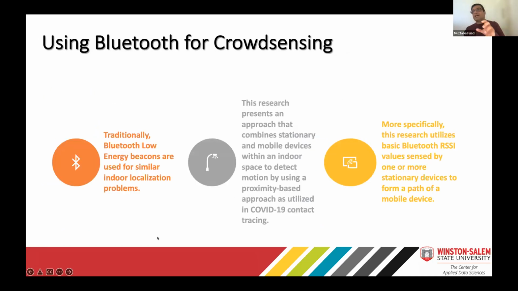For this aspect of the research, we are using the Bluetooth Low Energy technique. Traditionally, other researchers use dedicated hardware called beacons. They put a couple of them around the indoor space.